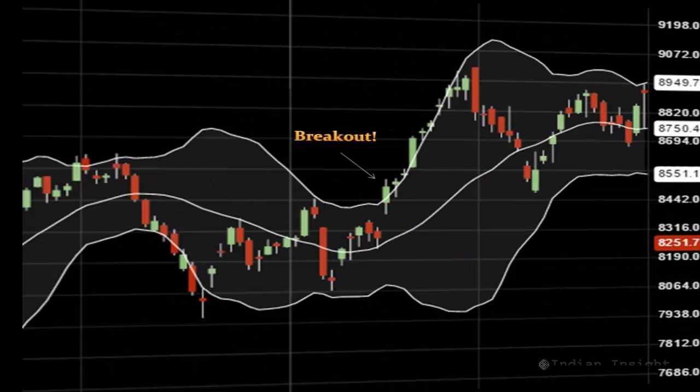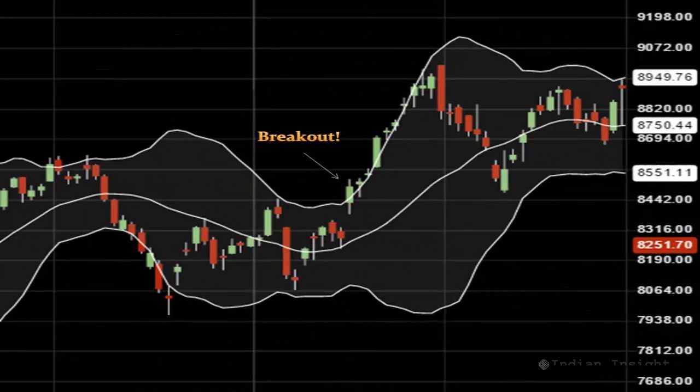Keep this in mind that many times long-term investors also buy on a significant breakout above the upper boundary band because a major breakout would imply that a change in trend is likely to persist for some time. Similarly, a long-term investor may sell on a significant breakout below the lower band.